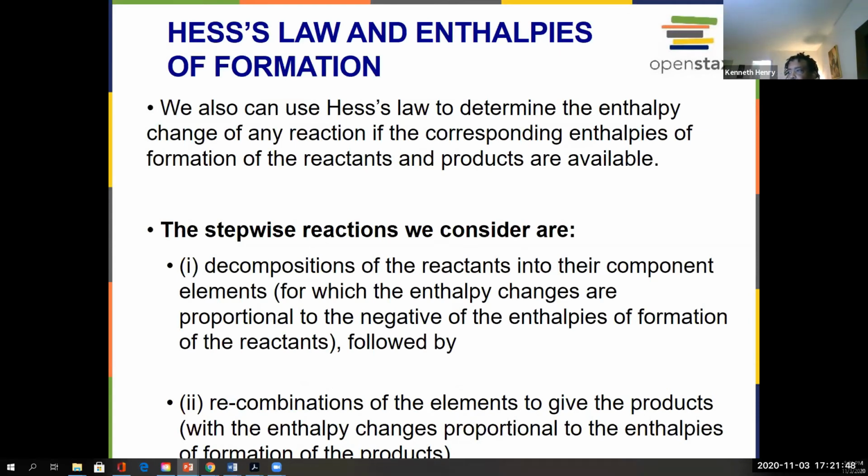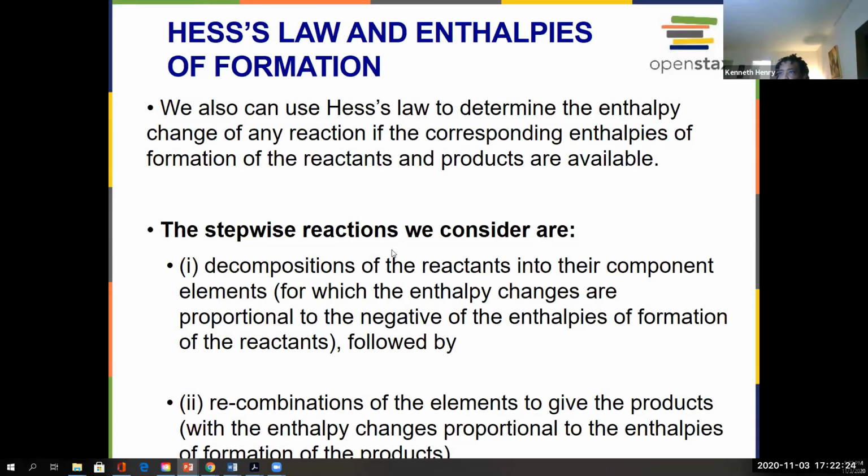To use the heat of formation, we could actually use it to do reactants of various types, so very complex reactions and things like that. The way that we would do that is that we would take the sum of the products times the number of moles minus the sum of the reactants times the number of moles.